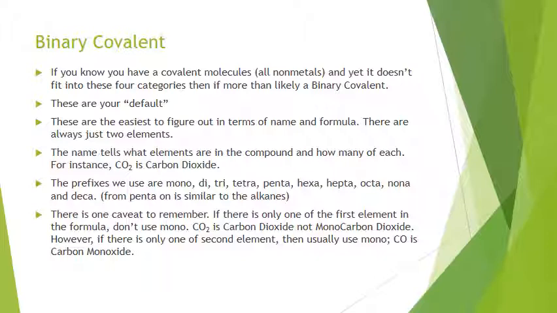Like if I said you had triboron tetrafluoride, so that would be B3F4. So that's it. Okay. All right, so there's your covalents. Again, they're memorized for the most part, except for the binaries.